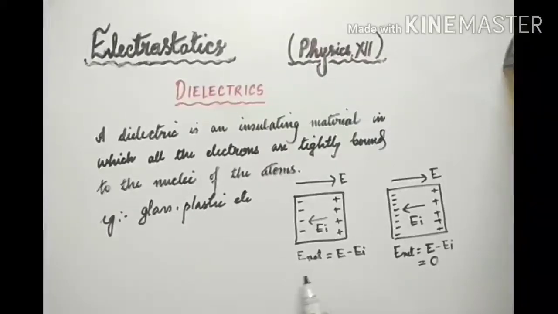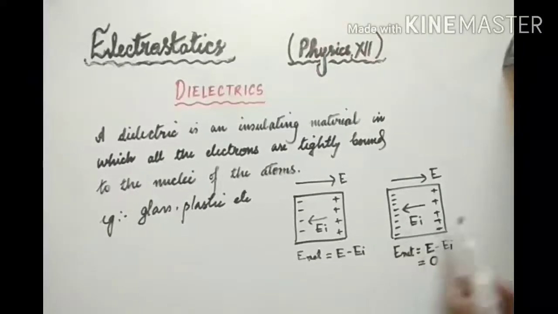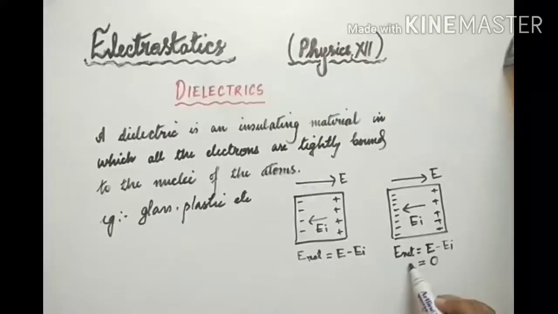In dielectrics, we get a net electric field which is less than the external electric field. The conductors have free charges, free electrons, but here there are no free carriers.